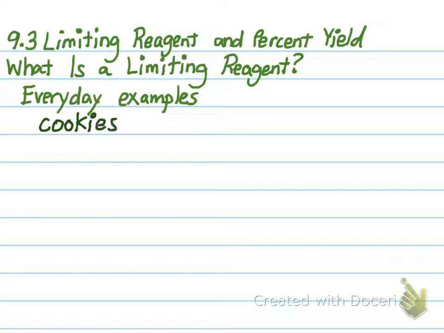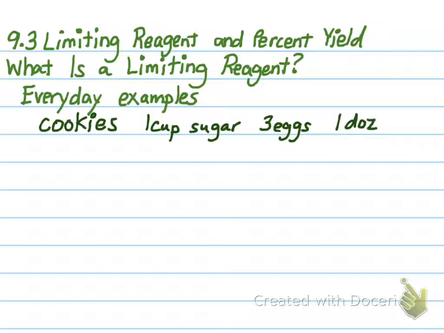Again, if you have a recipe for cookies, and many of you have probably done this before, your recipe calls for, let's say, 1 cup of sugar and 3 eggs, and it produces 1 dozen cookies. Okay, so let's say that you need to produce 2 dozen cookies.